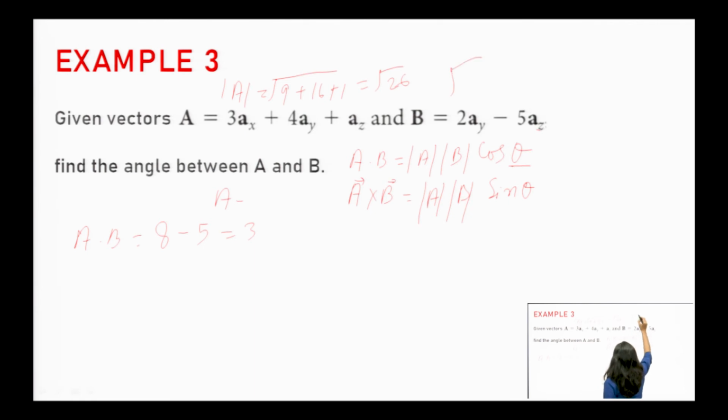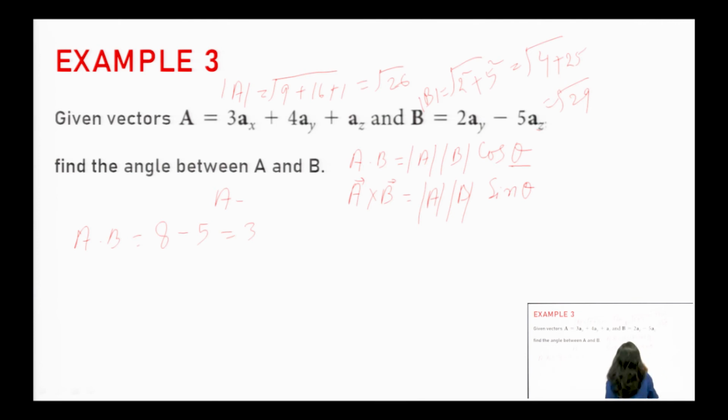Similarly the magnitude of b will be root under 2 square plus 2 square plus minus 5 square. After solving this we will get 4 plus 4 plus 25, it will give root under 29.